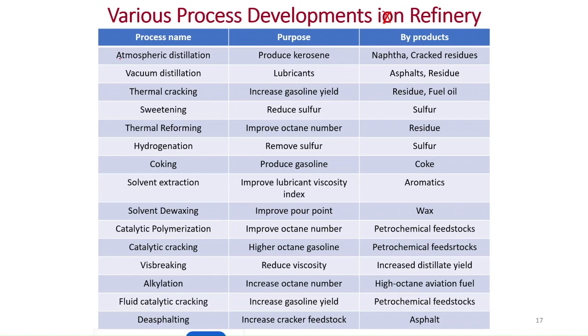We already discussed that atmospheric distillation's purpose was to produce kerosene. We also get a lot of byproducts: naphtha, cracked residues.